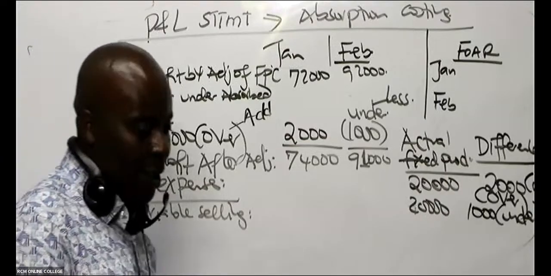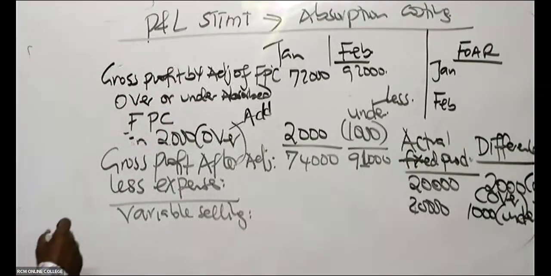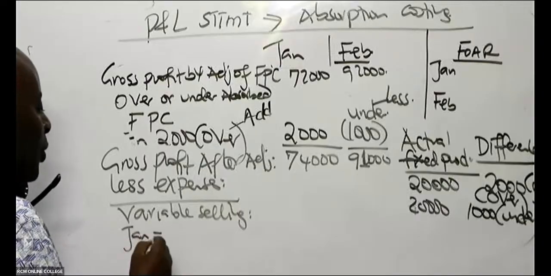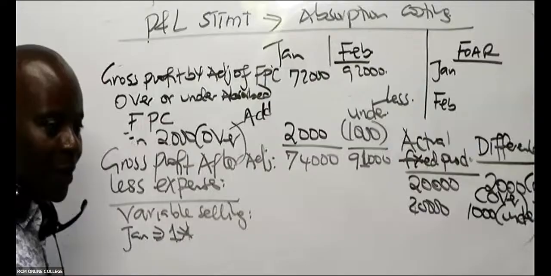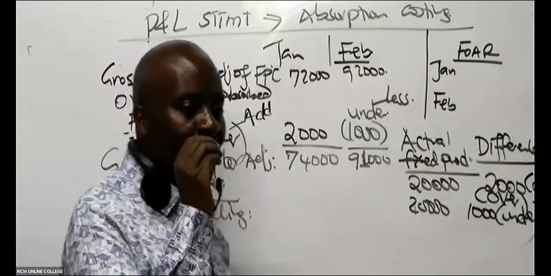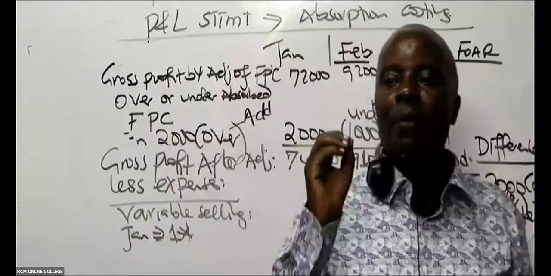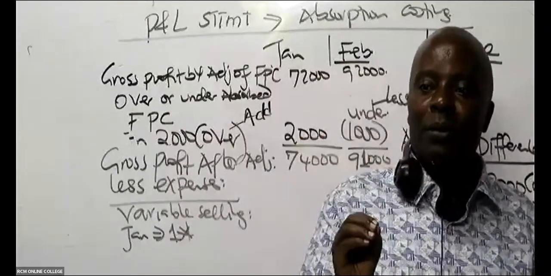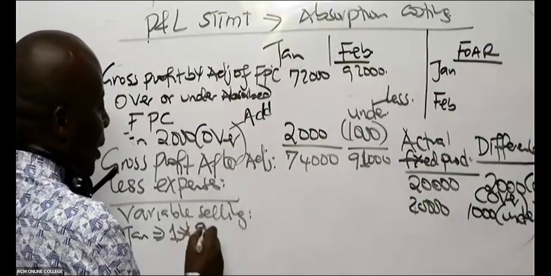So variable selling, are you able to see the variable selling per unit? So in this case here, variable selling January, you're saying it's 1 times how many units? Times the number of units you sold in January, because a selling expenditure can never be associated with production. So in January we sold 9,000.